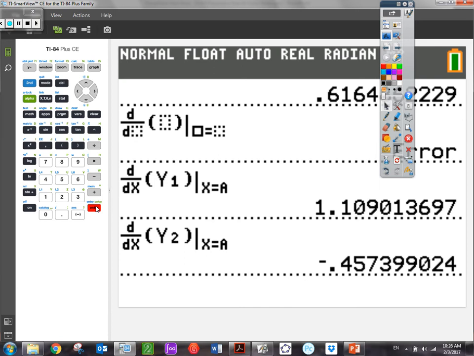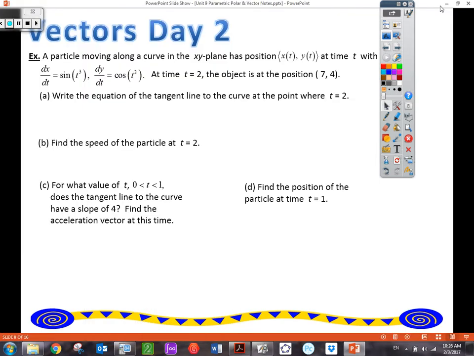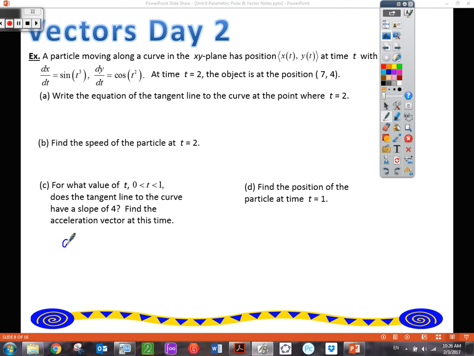Okay, so let's go back and see what we are going to show in our work. So we could say the acceleration vector at 0.616 is 1.109 and negative 0.457. And there's our acceleration vector at that time.